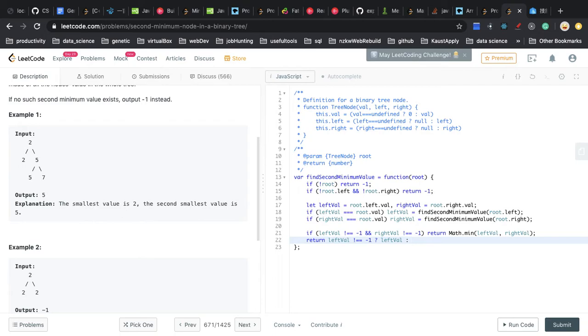If left value equals -1, then right value must not equal -1, because in the previous condition I have already ruled out the possibility that both values are -1. Therefore, I can just return the right value, and it's guaranteed not to be -1. So let's submit my solution.